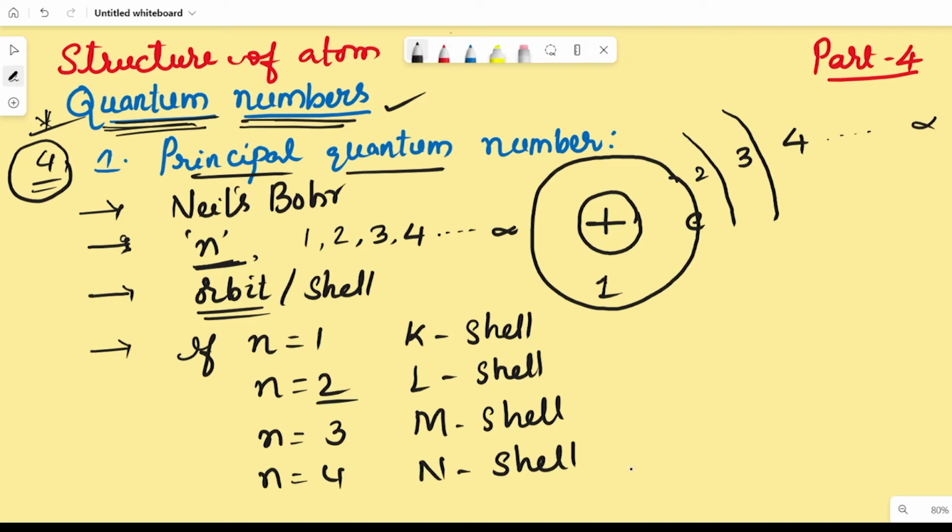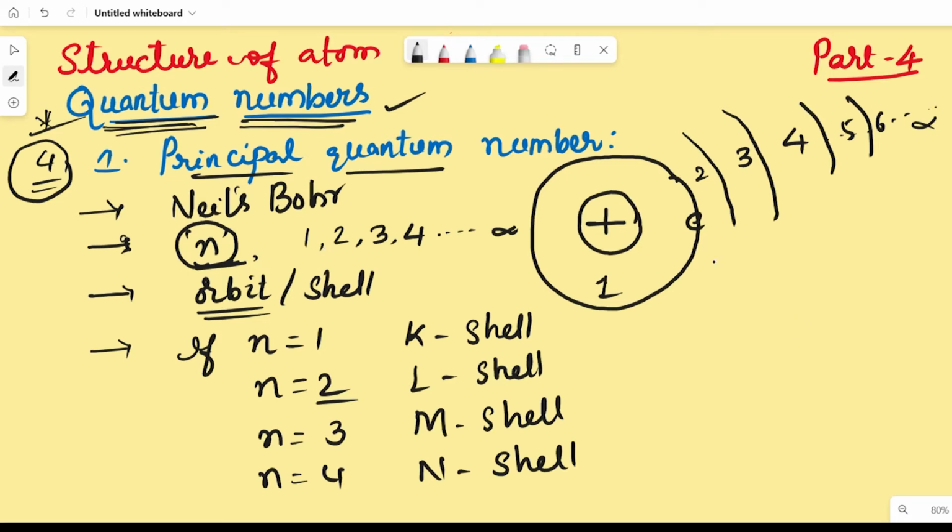In this case, if the n value increases like this, 4, 5, 6 and so on, the size of the atom increases and the energy of the shells also increases. So here the principal quantum number gives the size and energy of the stationary shells or orbits.